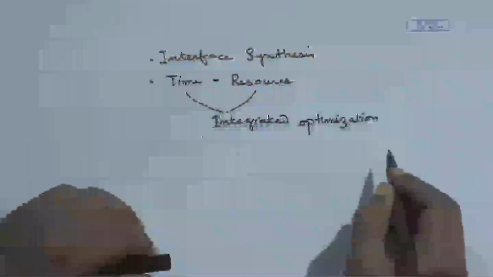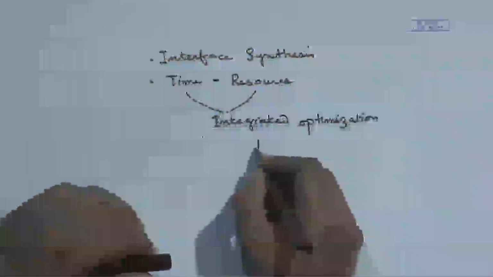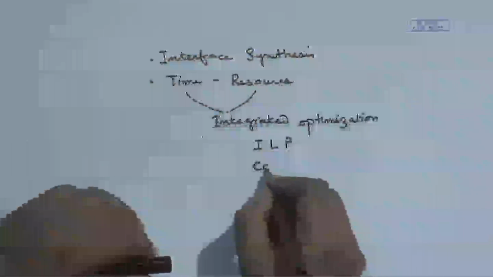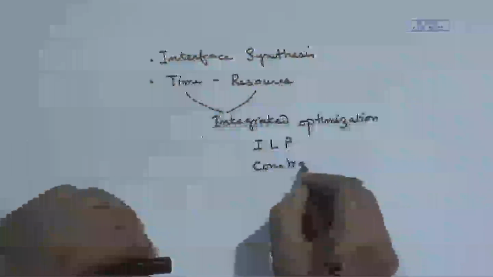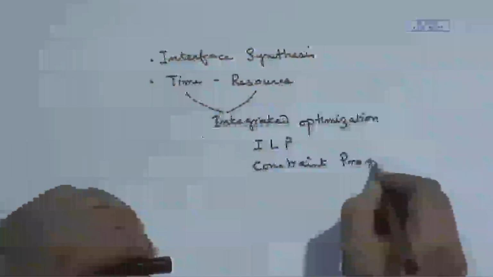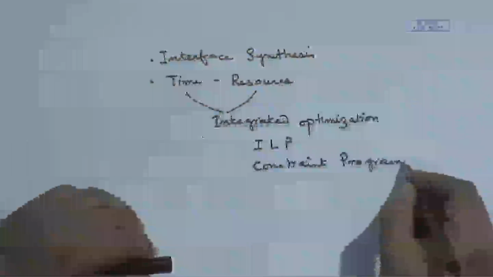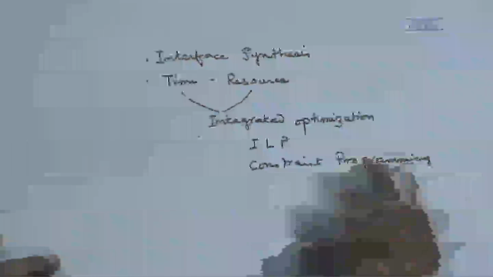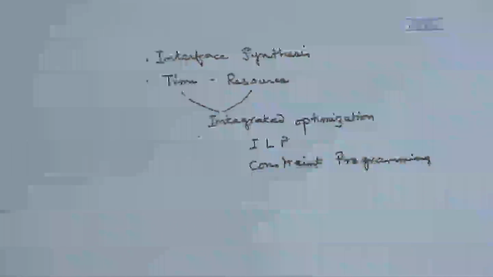Okay. Integrated optimization. For that, people take recourse to integer linear programming, constraint programming, and other approaches. So, based on that, there are a number of optimization works that you can find in the literature, but this is just to provide you an overview of the nuances that are involved in hardware synthesis. Okay.